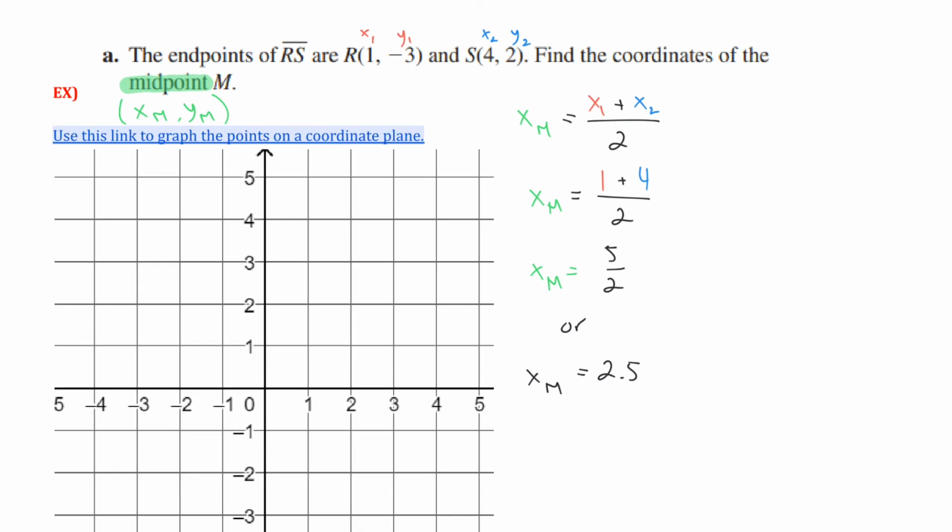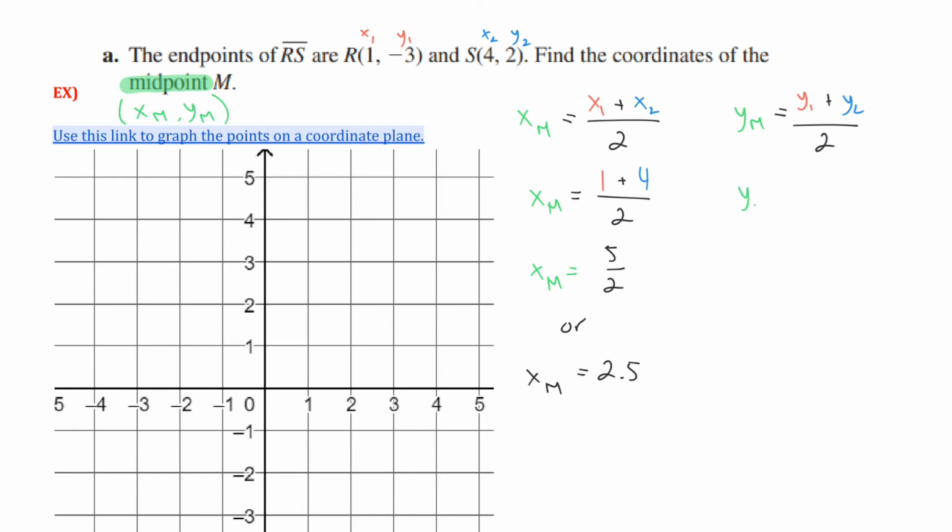All right, so that takes care of our x-coordinate for the midpoint, but we still have to find the y-coordinate as well, but it's not really any different. To find the y-coordinate, you take y1, you add it together with y2, and all of that gets divided by 2.